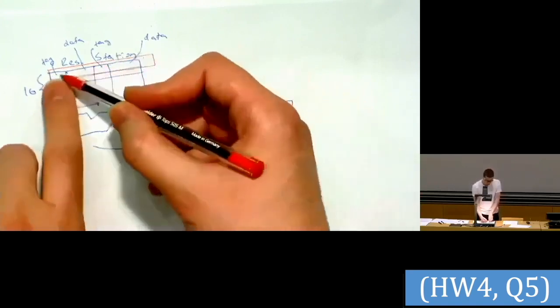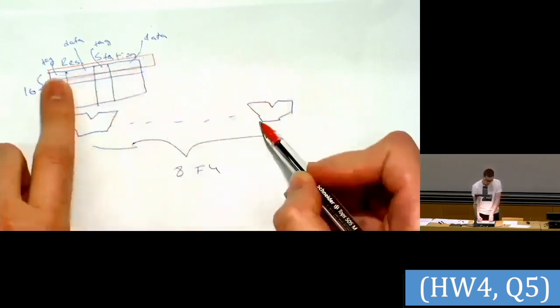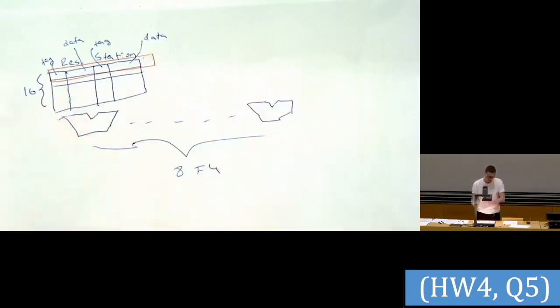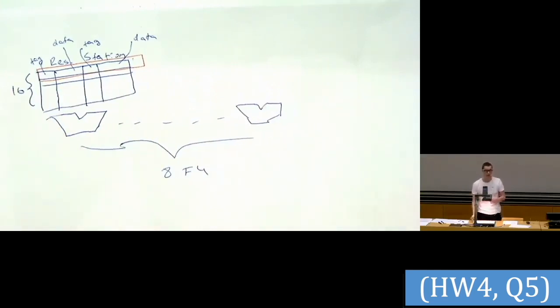So we have 2 tags here and 8 functional units, which means we will need 8 multiplied by 2 tag comparators. Is it clear?